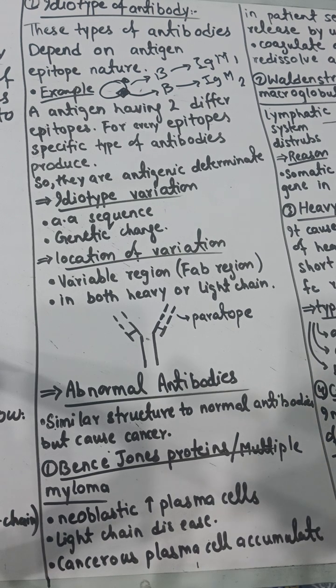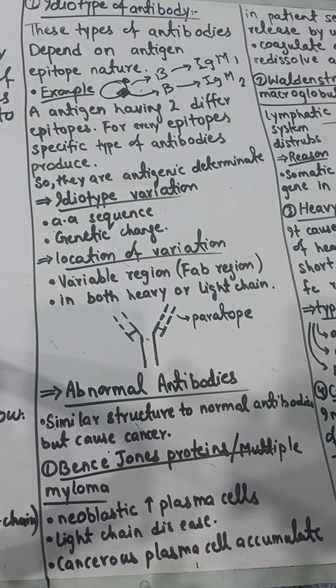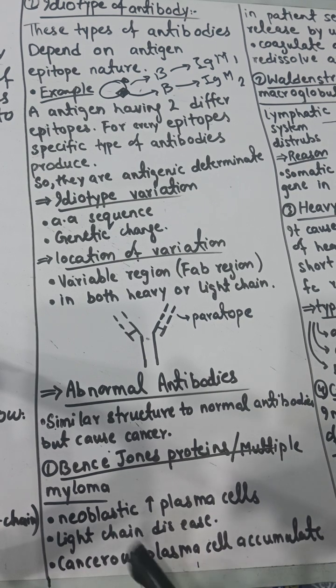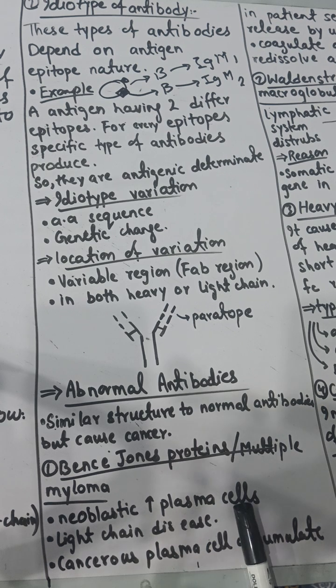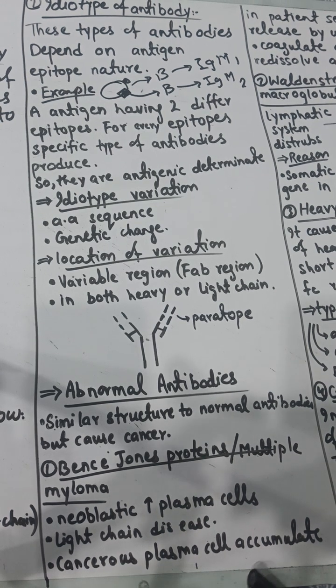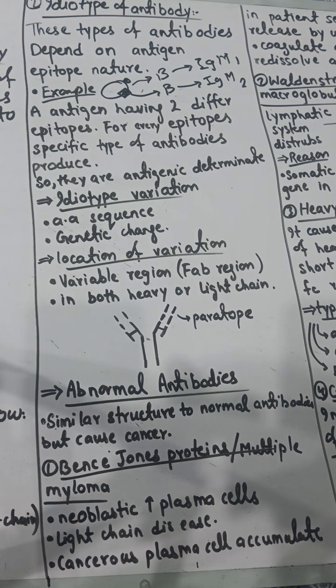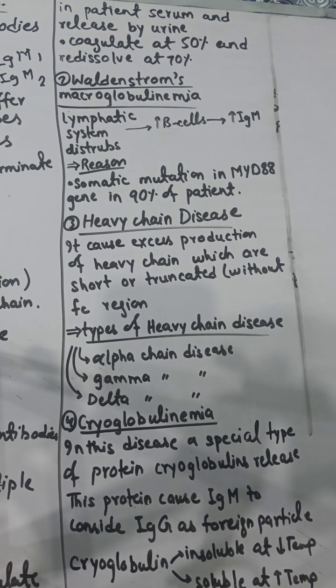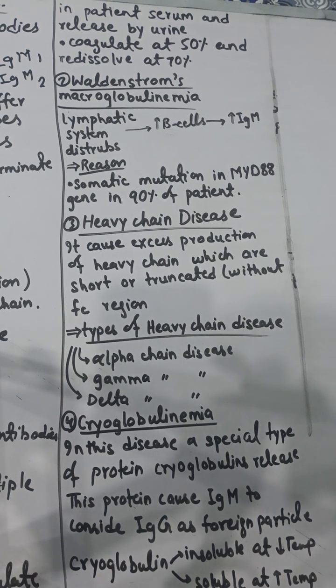Multiple means very excessive production of anything, and myeloma means a cancer of cells. It is a neoplastic condition, meaning an increase in the plasma cells. It is a light chain disease in which the light chains of your antibodies are produced in excess, and there is a very high production of that light chain, causing the production of cancerous plasma cells. They accumulate in the patient's serum and are then released through the urine.